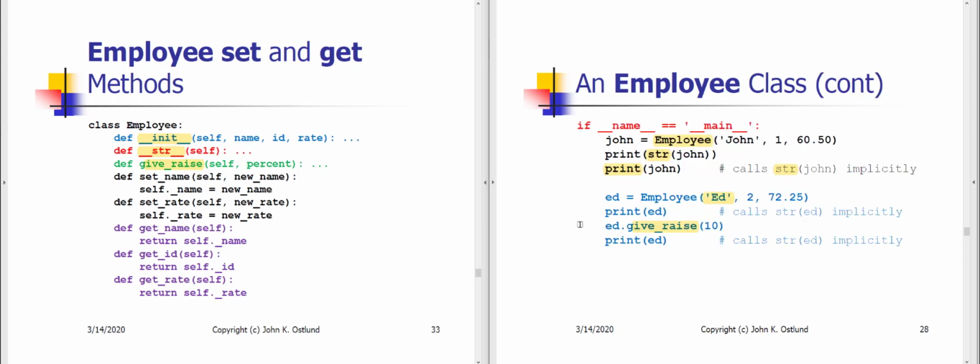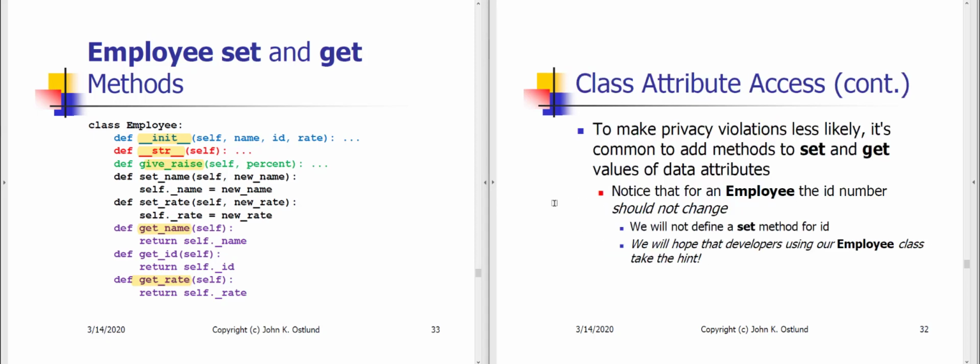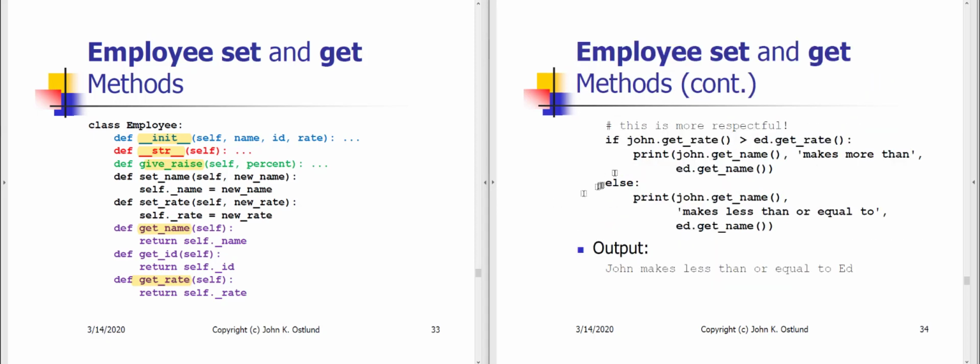All right, now that we have added get name and get rate, we've made it possible for an application developer to call those functions rather than directly accessing _rate and _name.